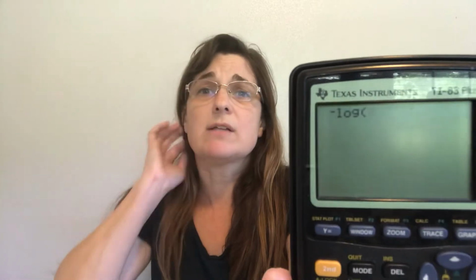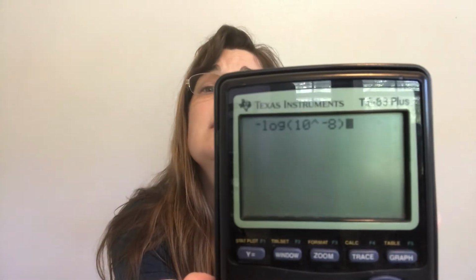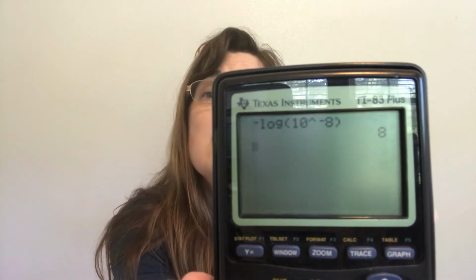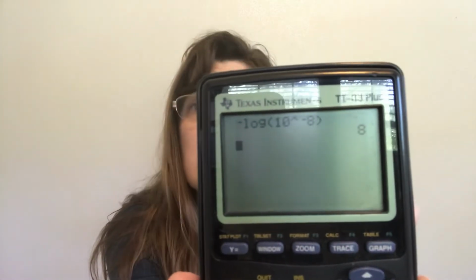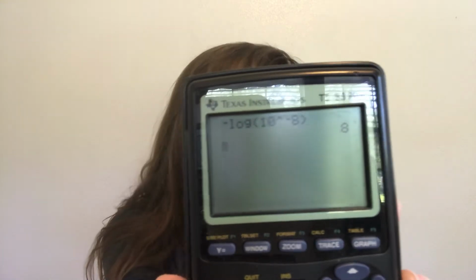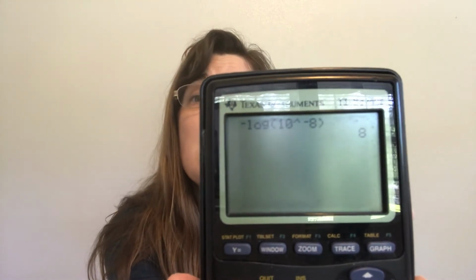It almost looks like I'm about to do the square root. But I don't need to put in 1 times 10 to the negative 8. I'm just going to do 10 to the negative 8, so I'm going to use my little caret key, and then close that parenthesis. And when I press enter, 8. So if the hydronium ion concentration is 1 times 10 to the negative 8, or 10 to the negative 8, it's got a pH of 8.